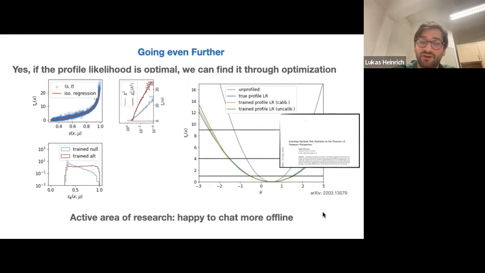This is fairly new. We had a paper recently, and I'm happy to chat more. This is something I'm also working on with Anne, and it is very much connected to the likelihood-free frequentist inference program that Anne is running.